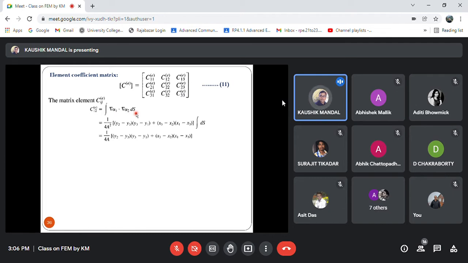Now we have already found alpha 1 and alpha 2. So grad of alpha 1 means the derivative of alpha 1, and grad of alpha 2 means the derivative of alpha 2.